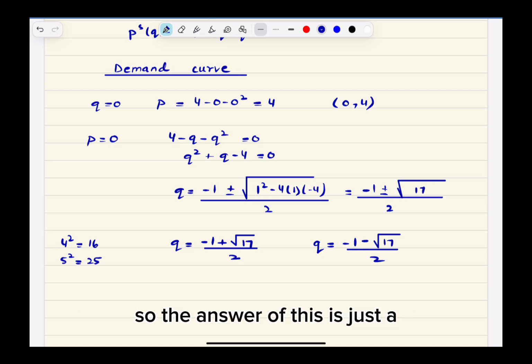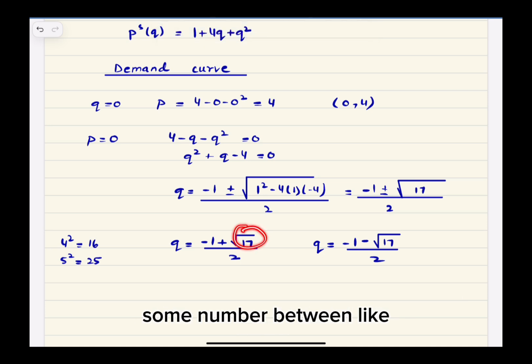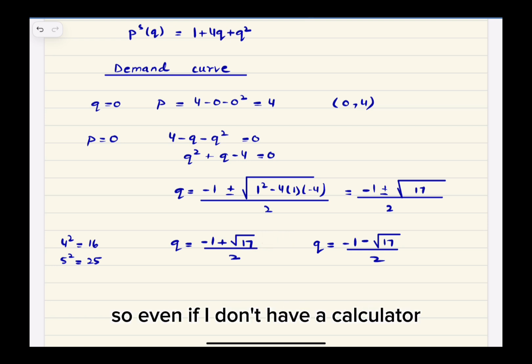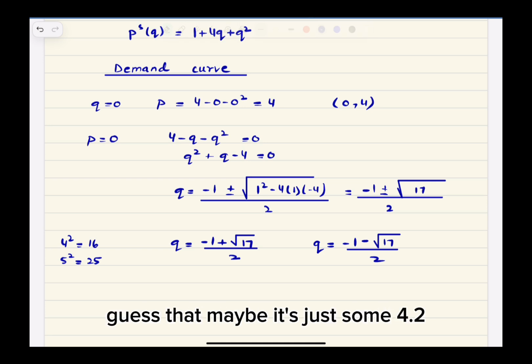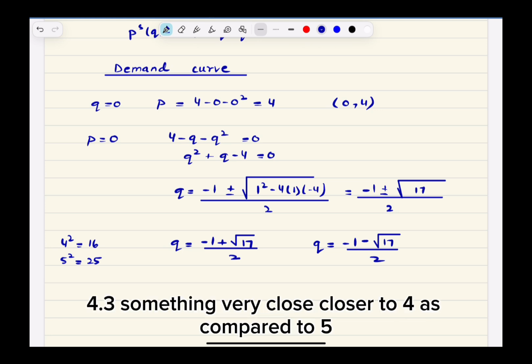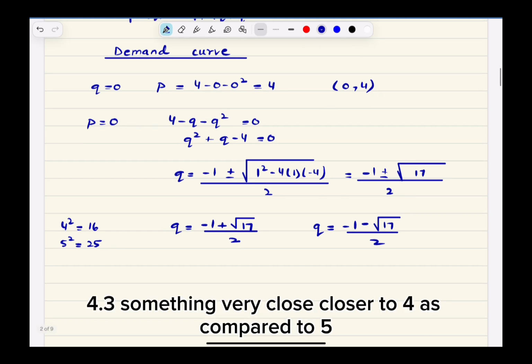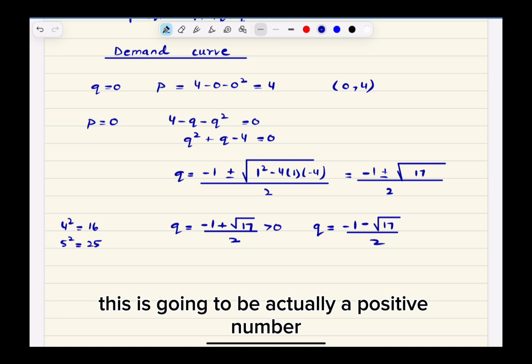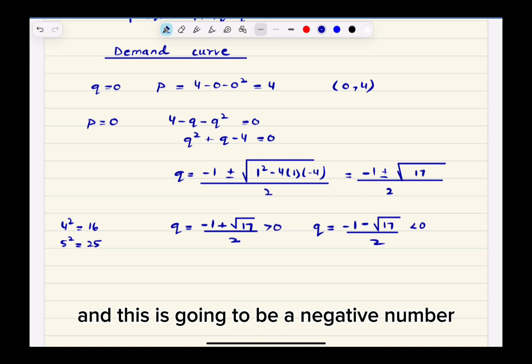So the answer is some number like 4.1 something. Even without a calculator, I can make a very good guess that it's 4.2, 4.3, something much closer to 4 than to 5. So therefore, this is going to be a positive number, and this is going to be a negative number.